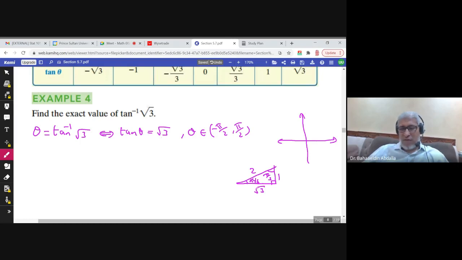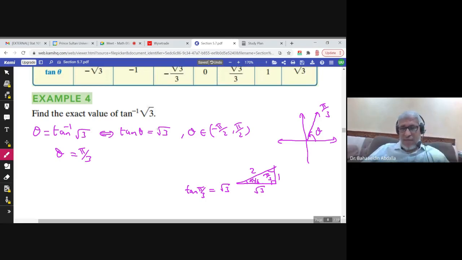It is pi over 3. So we know from this triangle that tan pi over 3 is square root of 3. But is theta here pi over 3? Yes, because we are in the first quadrant. So theta is pi over 3.